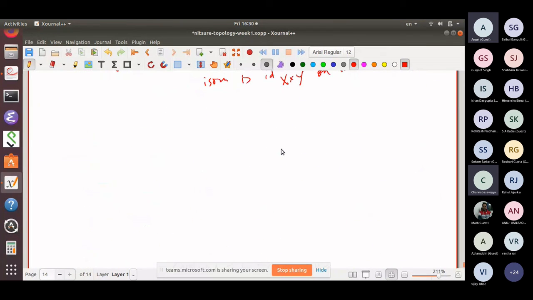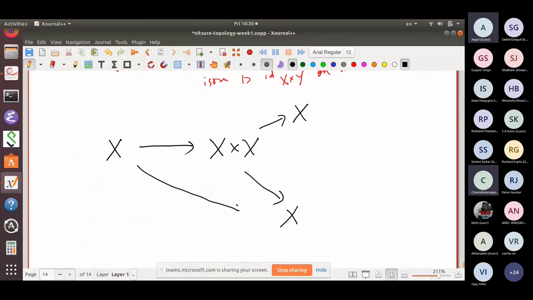So here's a simple test. Let's see. I will, after all, have the diagonal map of x into x cross x, right? Because there is x. I take both x and y to be x. And this I take to be identity. I am telling you something, one of the most important constructions in mathematics.